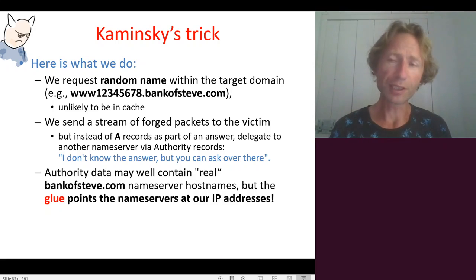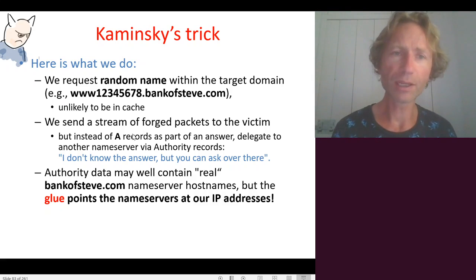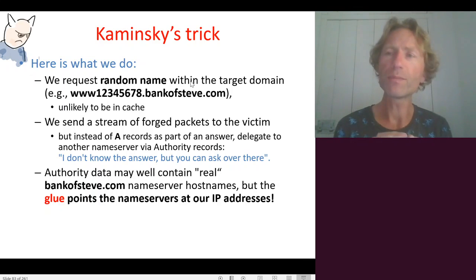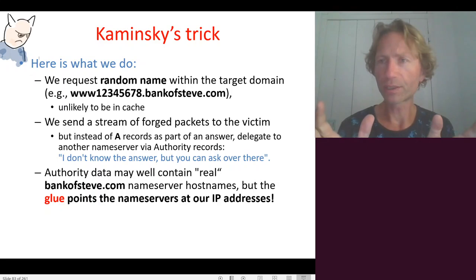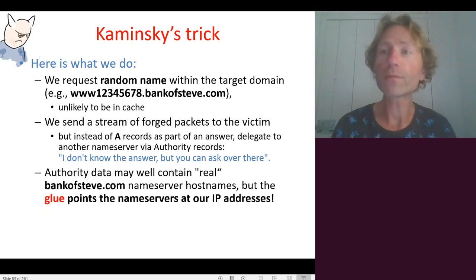How can we use this as an attacker? Well, what we will do as an attacker is we will send a request query for some random name within the target domain that we want to own. For instance, if we want to attack bankofamerica.com, we will send some random string .bankofamerica.com.